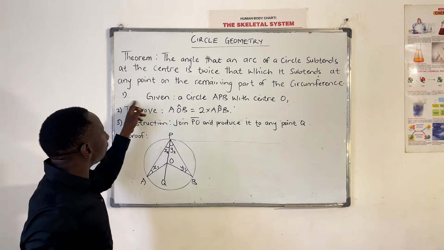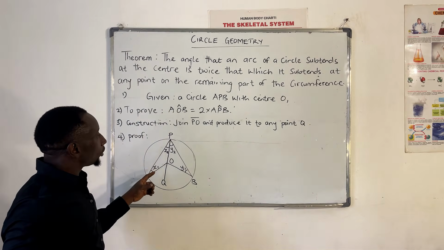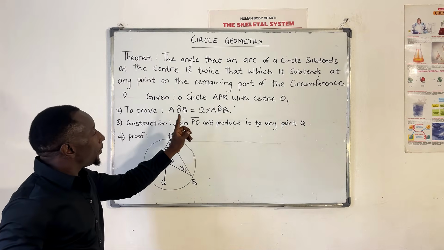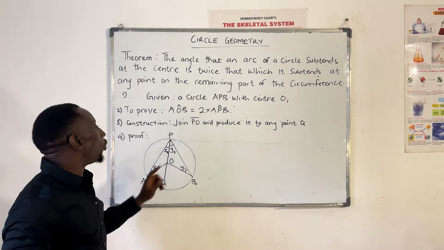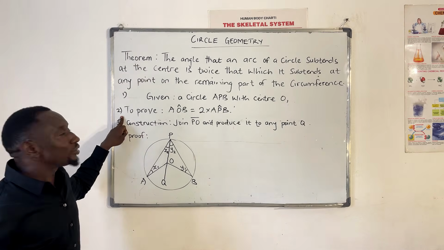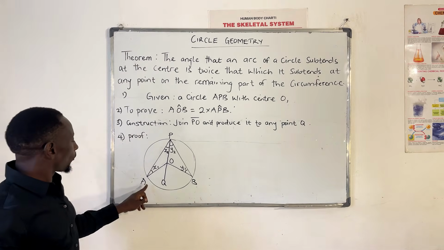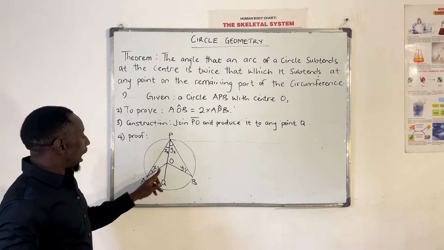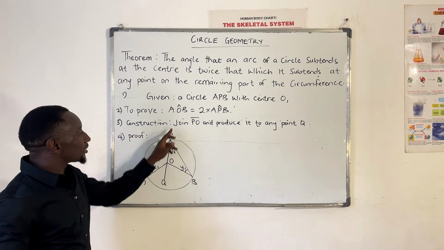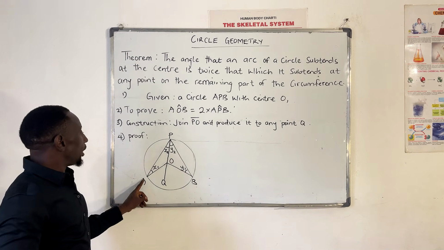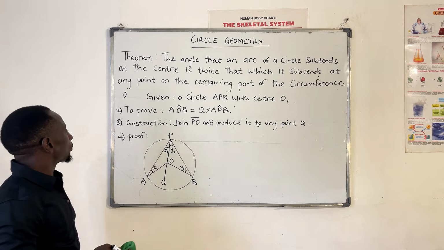The first one is that I've been given a circle APB with center O. The second step is to prove that angle AOB, the angle at the center, is twice angle APB.